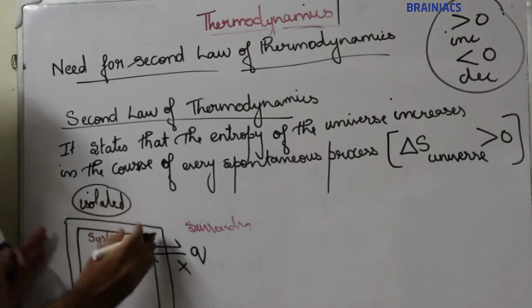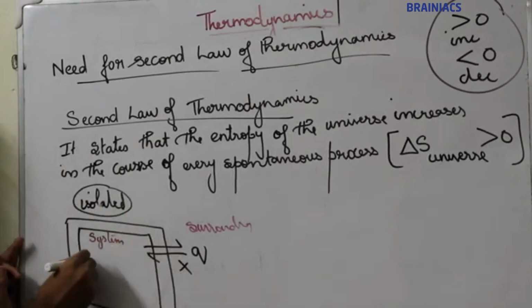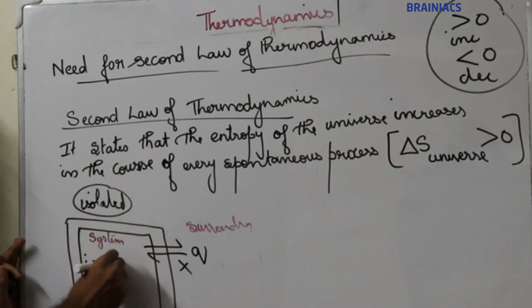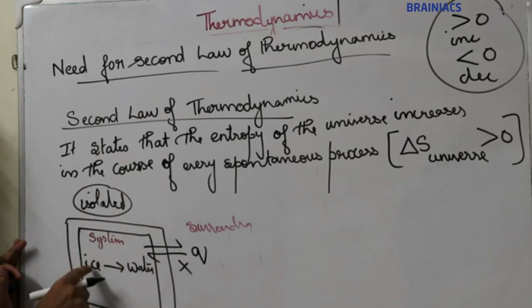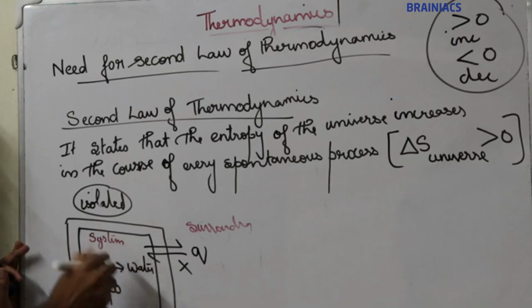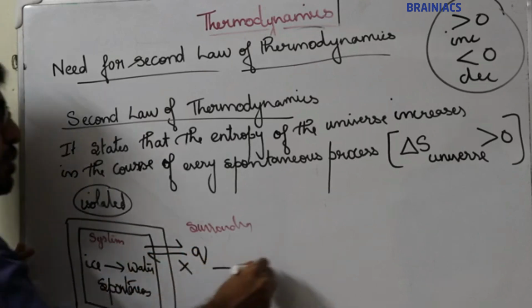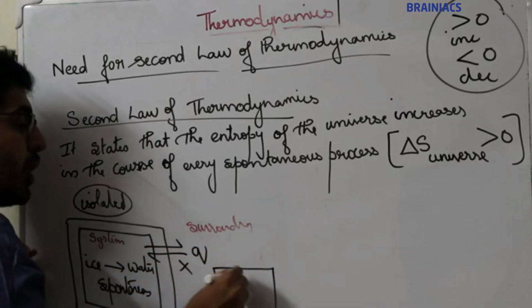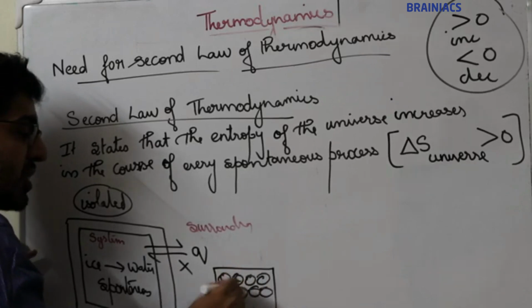Now consider this isolated system. Here ice is melting. Ice melts to form water. We know that ice melting to form water is a spontaneous process, and during this process, what happens? Entropy increases, right?